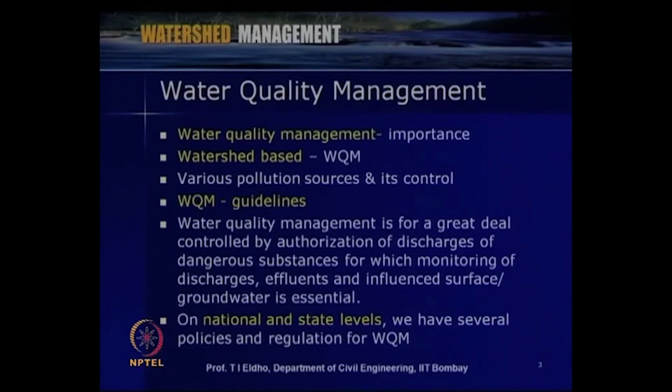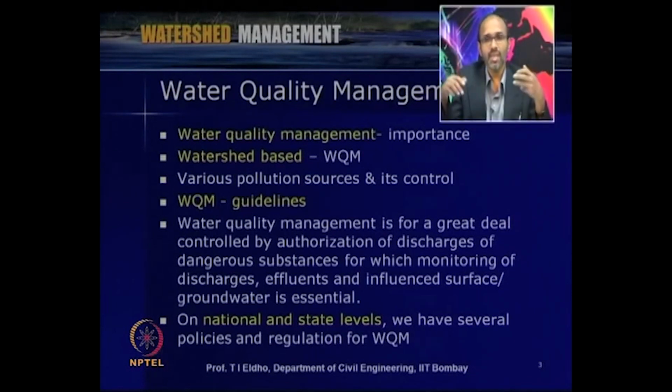Then there is the frequency of taking samples. We should know that we have to constantly monitor, whether it is surface water or groundwater, whether the quality is being maintained or not. And then what are the methodologies which we can adopt for water quality management. That way we need guidelines as far as water quality management is concerned.